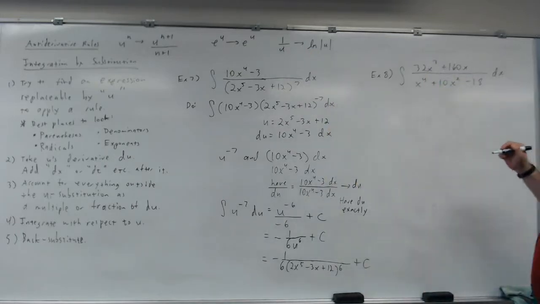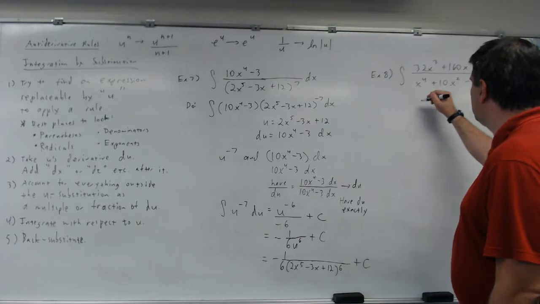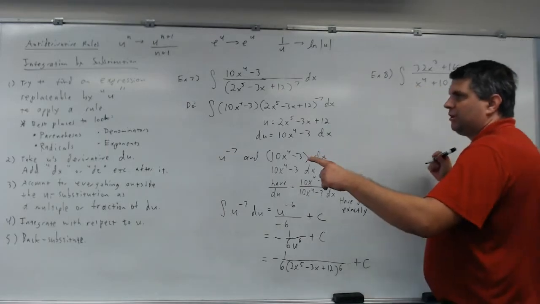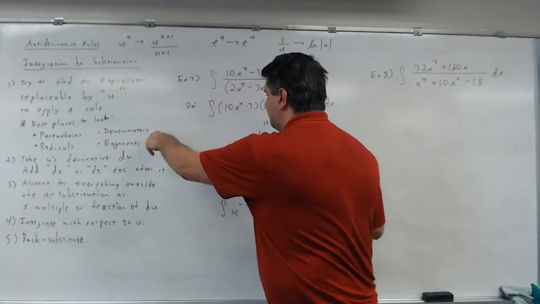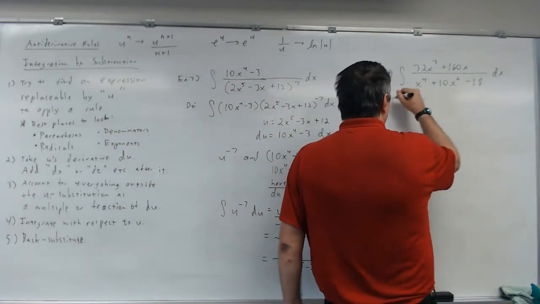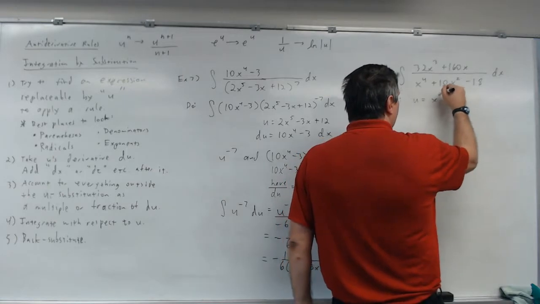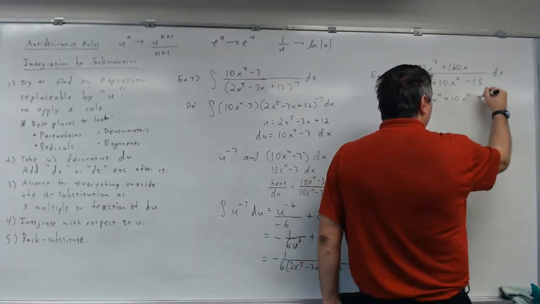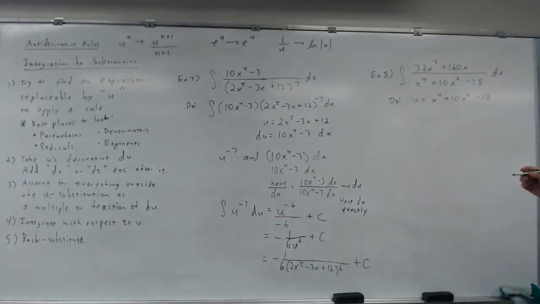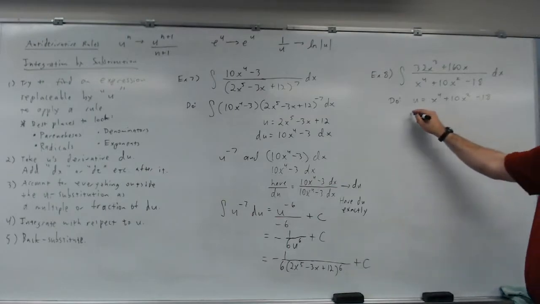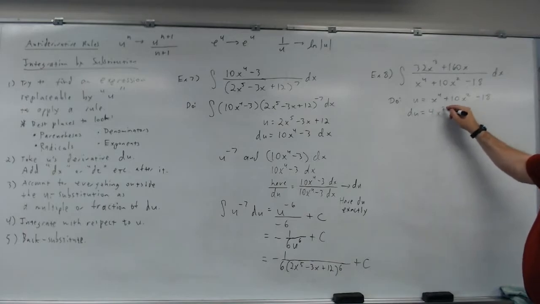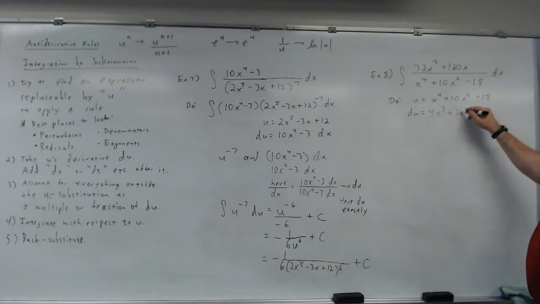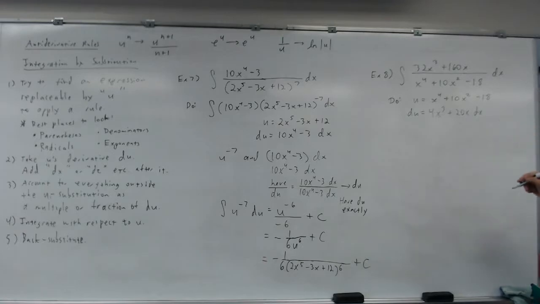Remember, the best place to look for u's are parentheses, radicals, denominators, or exponents. So u will equal x to the 4th plus 10x squared minus 18. And du is 4x cubed plus 20x dx.